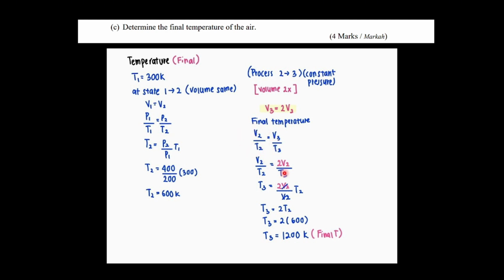Since V3 is double V2, we substitute and simplify, and we get T3 equals 2 times T2, which is 2 times 600, so T3 is 1200 Kelvin, the final temperature.